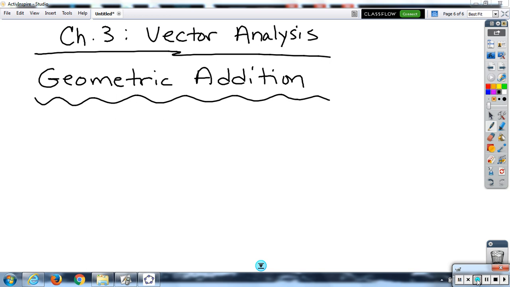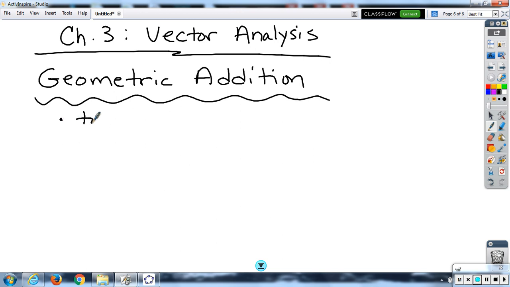We can use the arrows themselves in picture form to add various vectors together, and that's called geometric addition. There are two methods that we can use to add two vectors together.